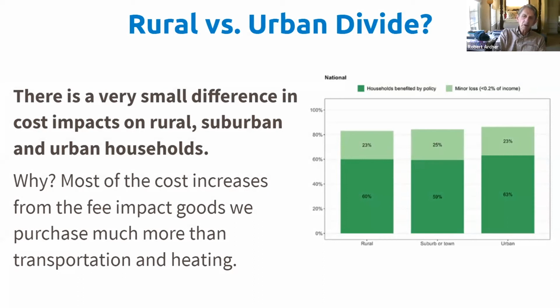The similarity in impact is because most of the carbon consumption, 70% or more for all groups, is due to stuff, consumer goods, and not direct fossil fuel use for driving longer distance, such as in rural households. And I mentioned before that fossil energy consumption by households constitutes about an average 7% of household income.